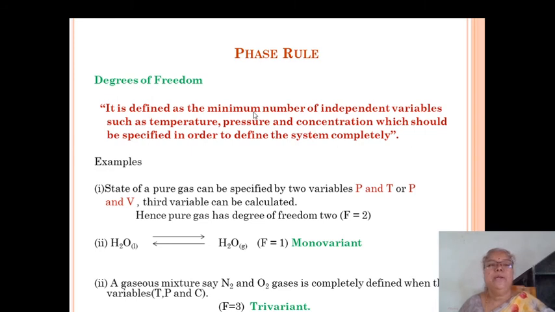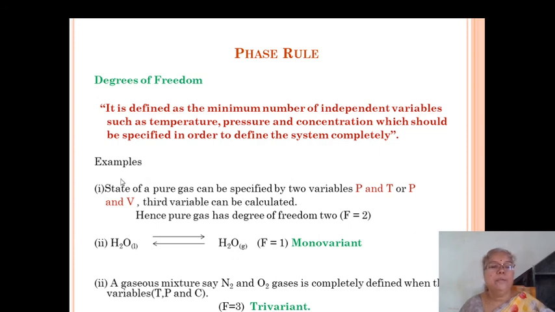Again, I will repeat, the degree of freedom is defined as the minimum number of independent variables such as temperature, pressure and concentration, which should be specified in order to define the system completely.